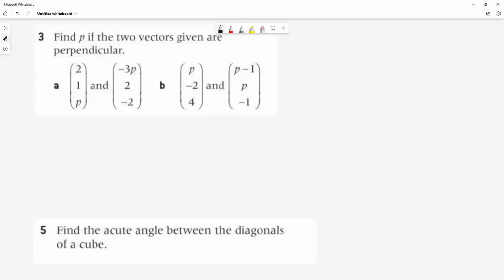Okay, so what we know about two perpendicular vectors is that they have a dot product, or scalar product, of 0.